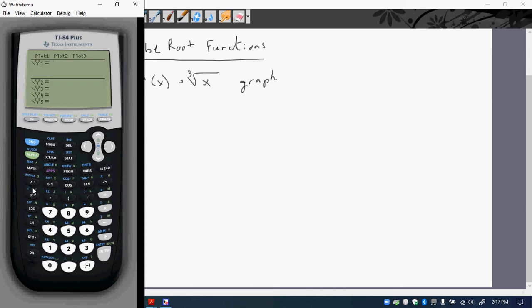The one that I see that's pretty quick is hitting the math button, and you see the 3 right here automatically. That's the cube root. So you hit 4, and you get the 3 there automatically. And then you just type in an x. So now I'm just going to do zoom 6.